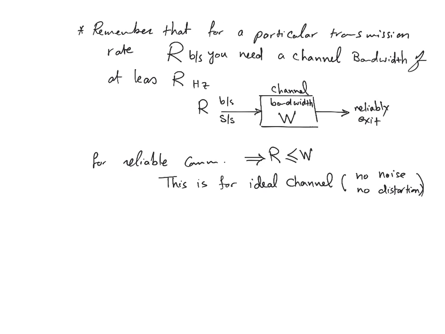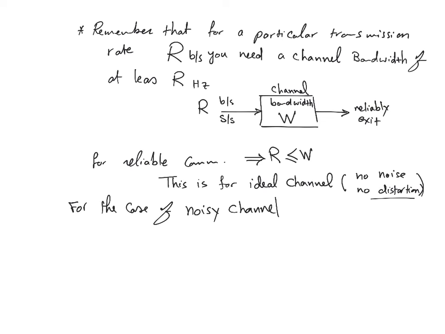Now, for the case of a noisy channel, we will not consider the case of distortion in this course because it's quite advanced, so it requires you to take a second course in communication, but we will only focus on the case of a noisy channel.